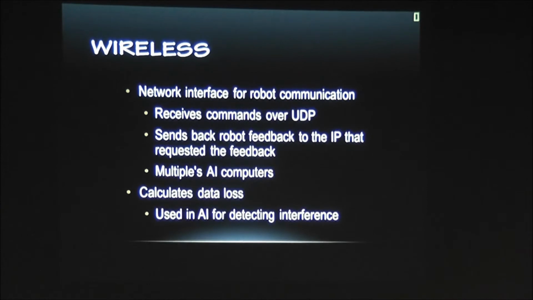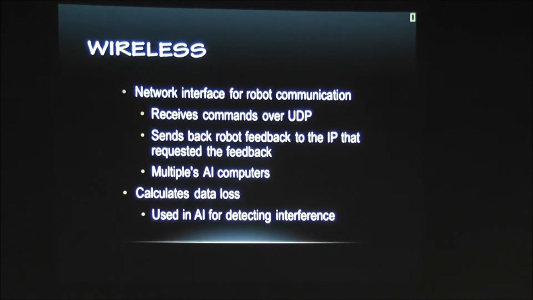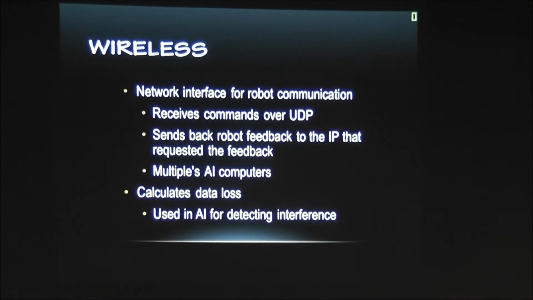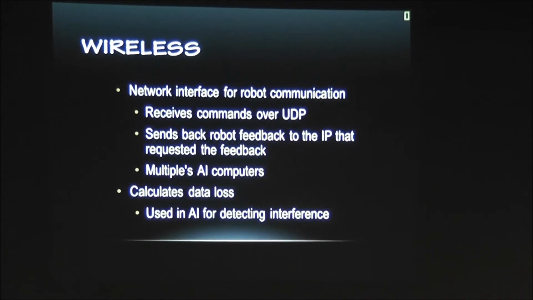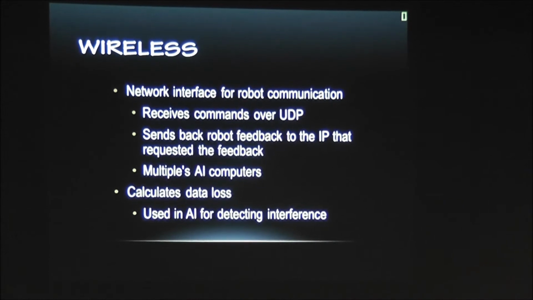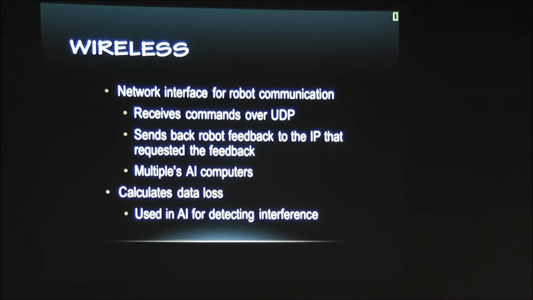We also changed our interface board for robot communication, and the new interface board uses the LAN protocol for communicating with the AI. It receives commands over UDP, just UDP, and sends the data to the robots, and gives the feedback and sends it to the IP that requested it.